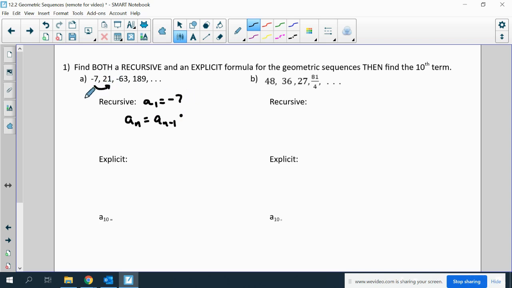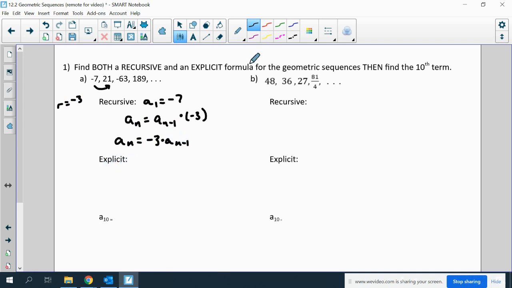If we look at this, the common ratio appears to be -3. If we multiply all of these terms by -3, we end up getting the next one. So r, in this case, is equal to -3. So a sub n is equal to -3 times a sub n minus 1.